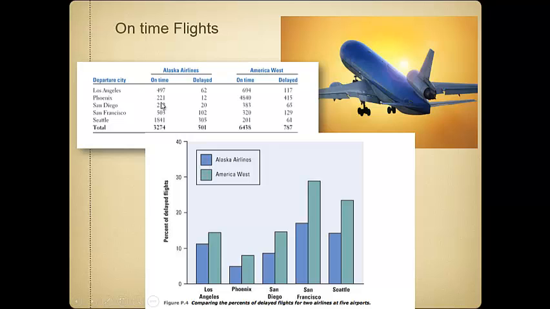So this is skewing the data to make it look like America West has fewer delays when actually when you divide it up they have more delays. So we need to make sure when we're comparing 2 things that we really take outside variables into consideration.